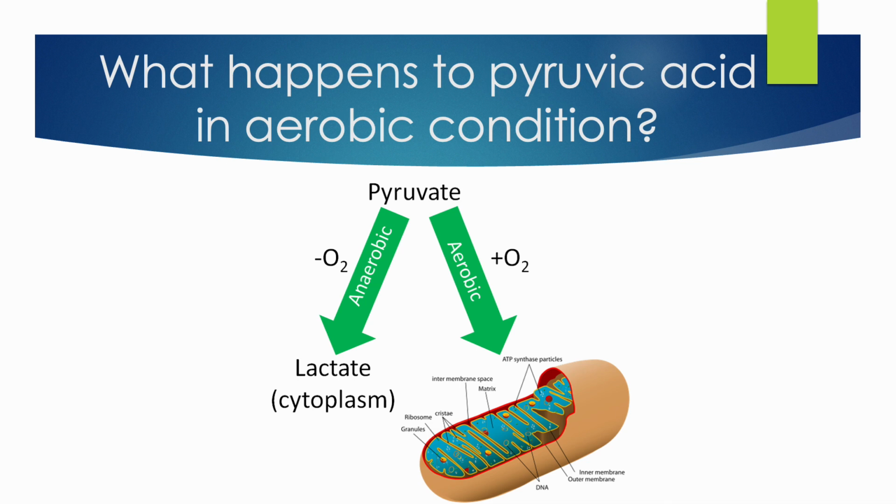When oxygen is plentiful, or in aerobic condition, most cells convert pyruvic acid to acetyl coenzyme A. This molecule links glycolysis, which occurs in the cytosol, with the Krebs cycle, which occurs in the matrix of the mitochondria.